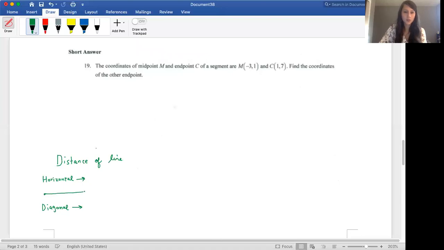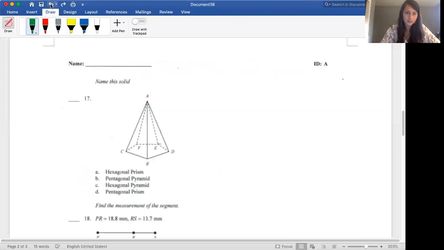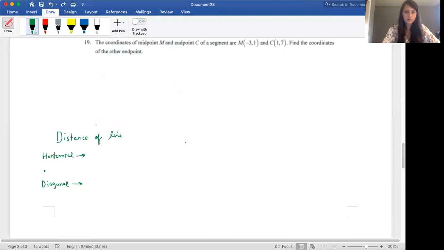Remember, a horizontal line would be like if I had points on a number line, and I wanted to find the distance of it, right? Okay, diagonal line would be diagonal lines on a graph.